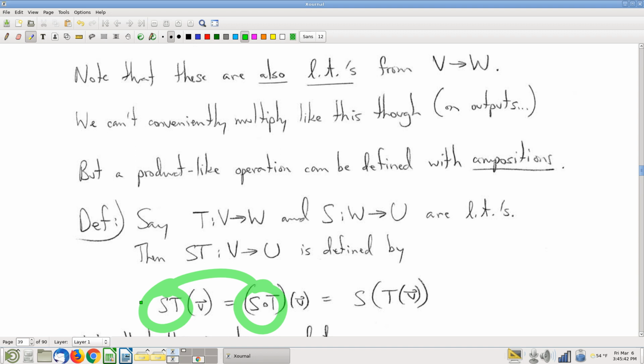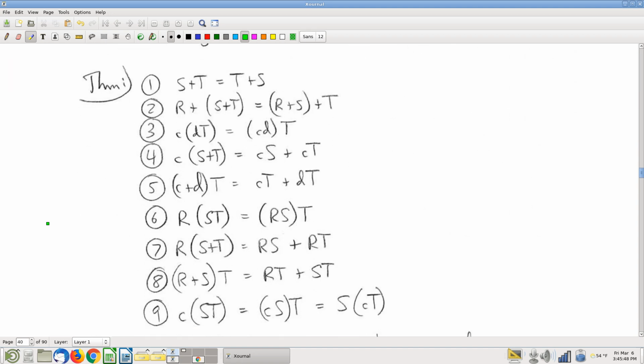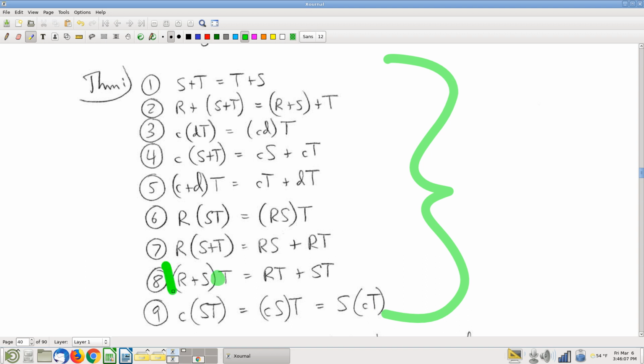I'm going to call it a product because of the properties these operations satisfy. And by the way, let's take a moment to recognize that all of this looks familiar. It all looks like high school algebra. The punchline is, this thing that I have called a product behaves like a product, algebraically.